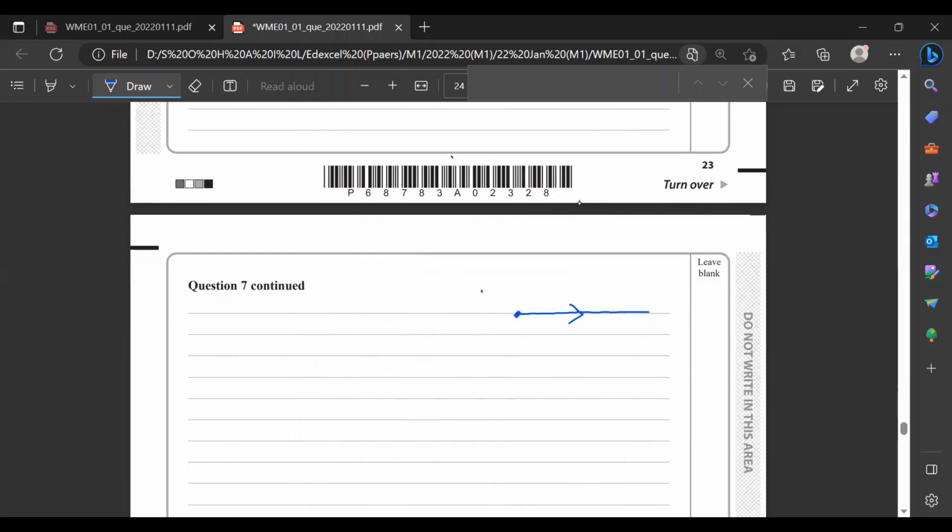The pulley is here, and the other force is here, which is also T. And this is the force which I'm trying to find. We already have the T value, T newtons. And this angle is alpha.